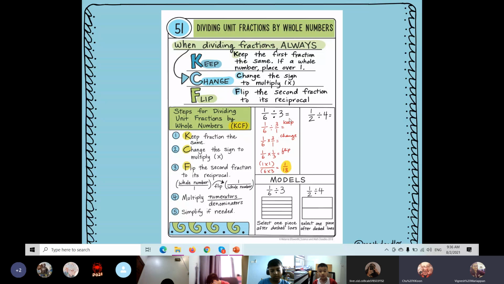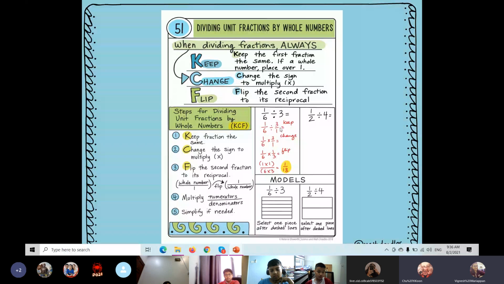Now, for the second fraction, do we need to change it? Yes, because we have to flip the second fraction. How to flip?